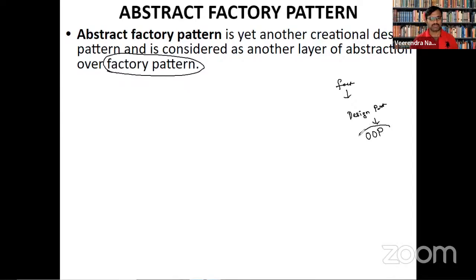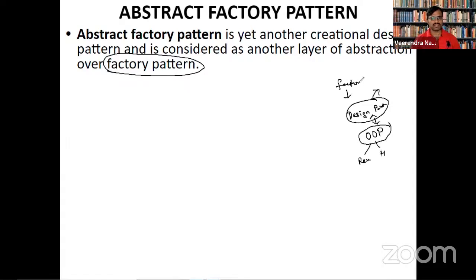Object oriented programming gives us features like reusability and hiding. But over that we are using design patterns, so there should be some extra level of abstraction that is achieved.